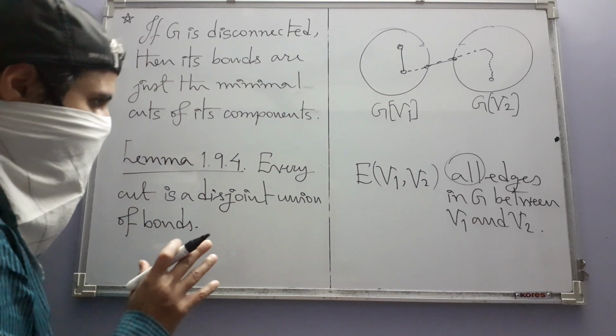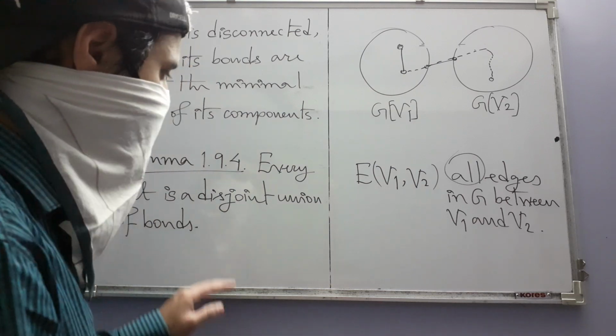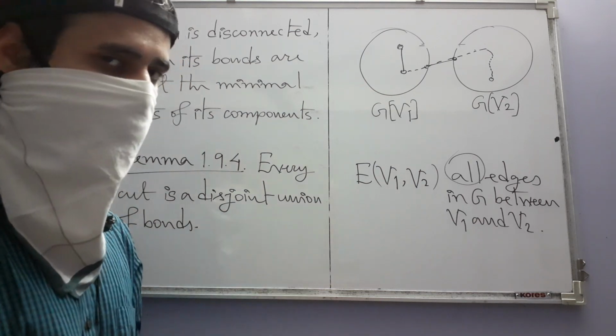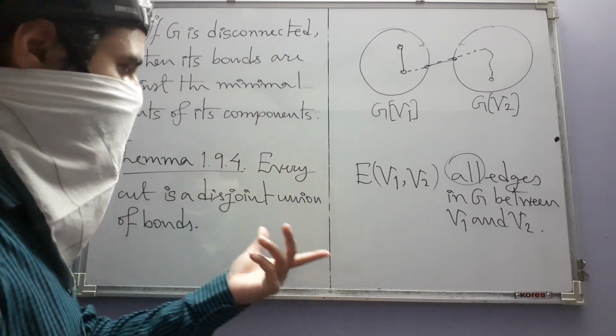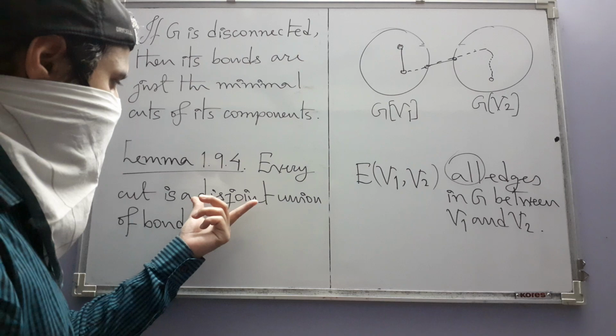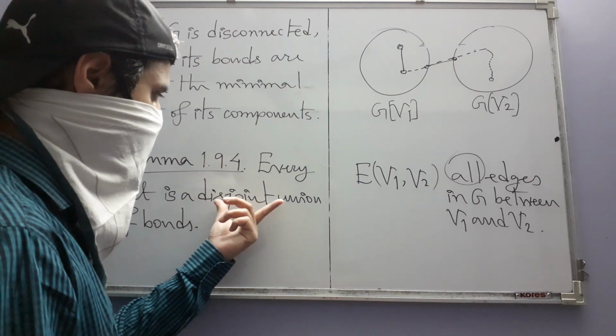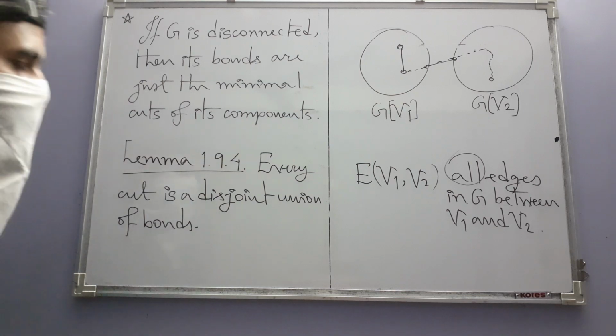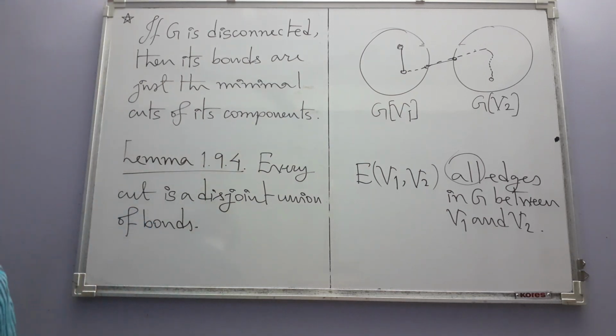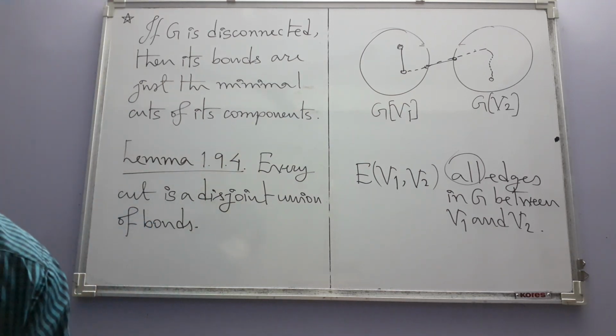Of course, this statement says that the bonds span the cut space, but it says more, right? That every vector in the cut space, that is every cut, is in fact a disjoint union of bonds. So let's now see the proof.